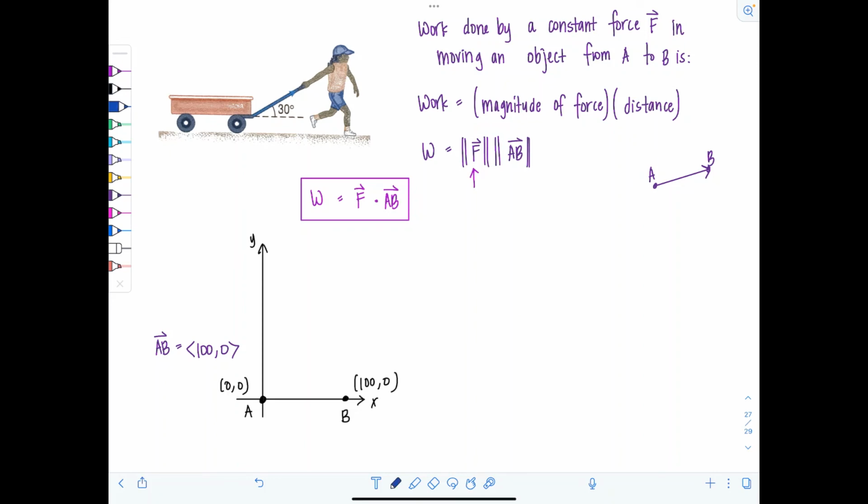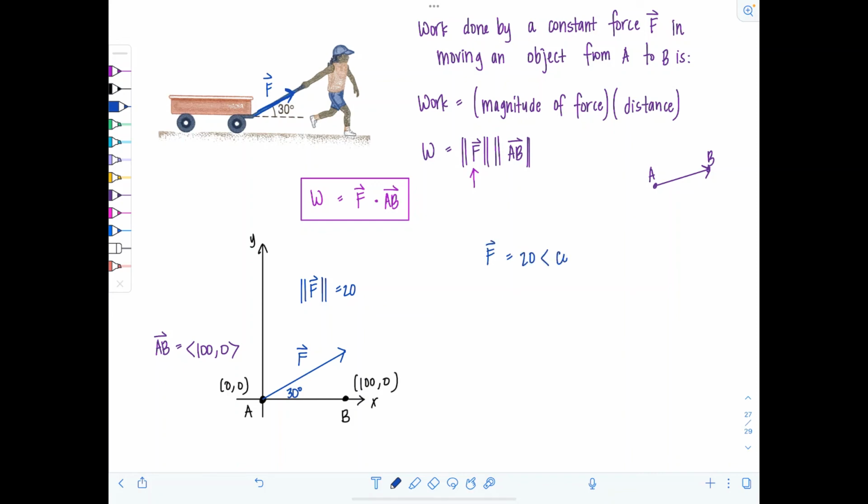Okay, and then this is the force F here, indicated by that arrow that the girl is applying when she's pulling the wagon. And the force F is 20 pounds. So here's force F. The magnitude of F is 20, and this is a 30-degree angle here. Remember, as we've studied before, we can decompose F into vertical and horizontal components.